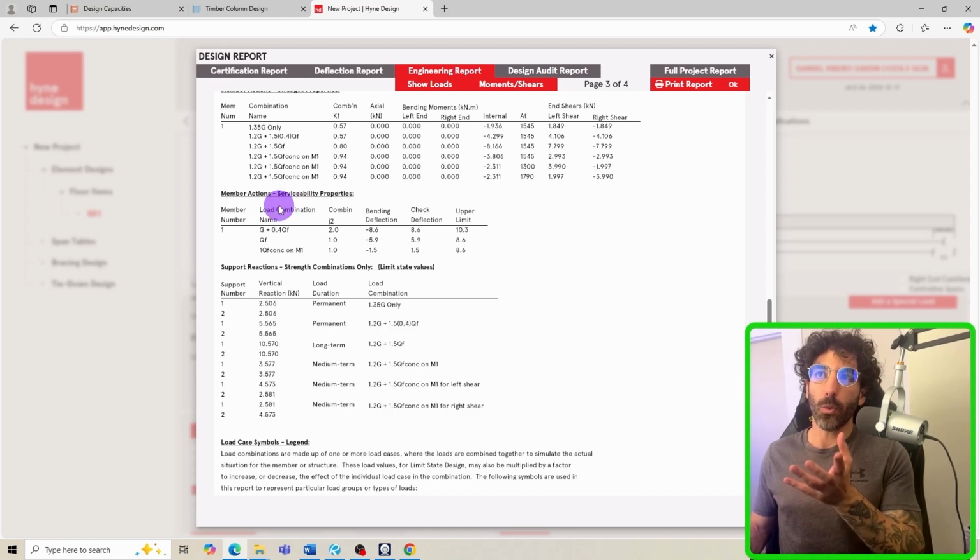And then we go down here and see that the J2 factor is only applied where we have permanent actions in the load combinations. In this case, we have the G, which is a permanent action. Therefore we have J2 equals 2. But then for the short-term loads, J2 equals 1.